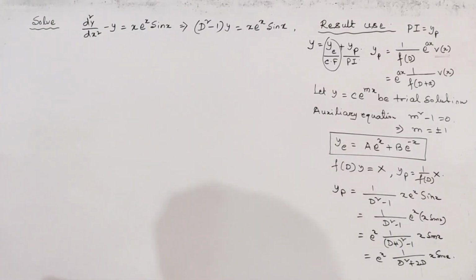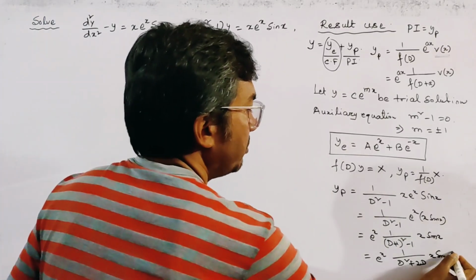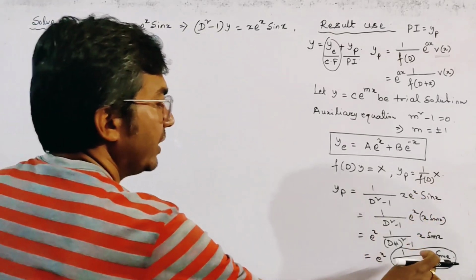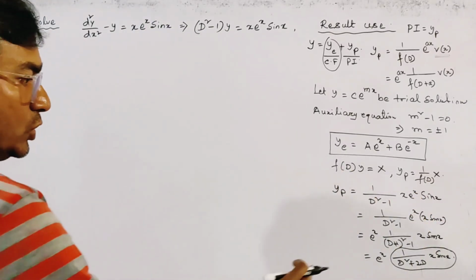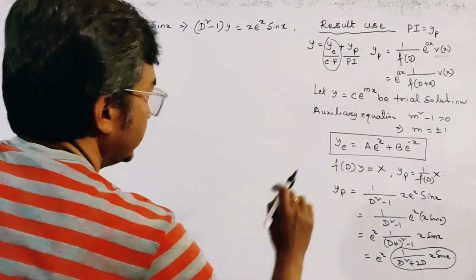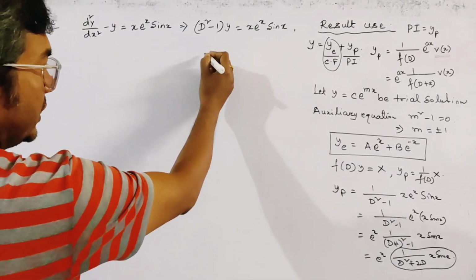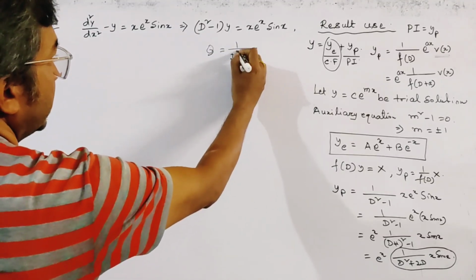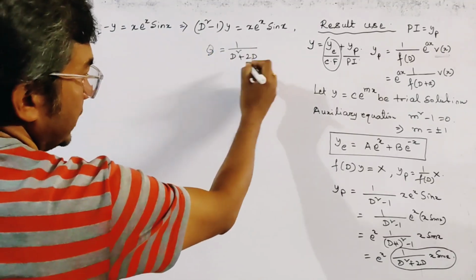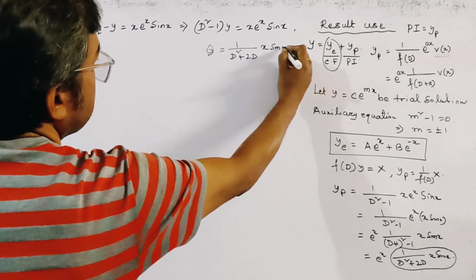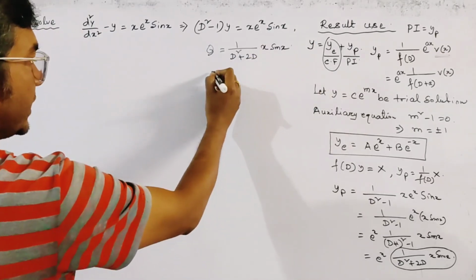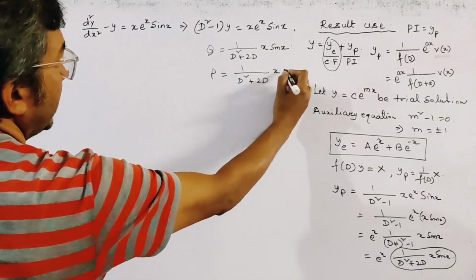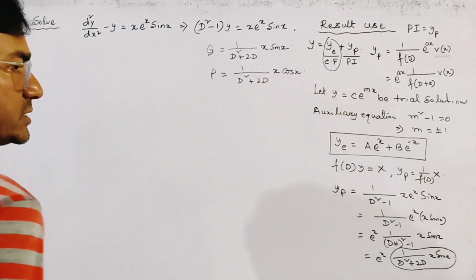Now we find the value of this particular integral. We put Q as 1 by D square plus 2D into x sin x, and P as 1 by D square plus 2D into x cos x.